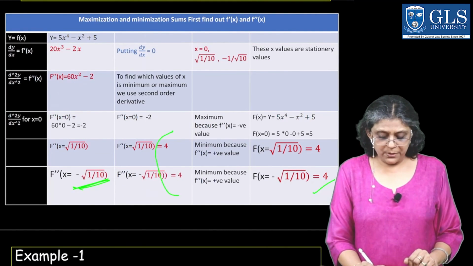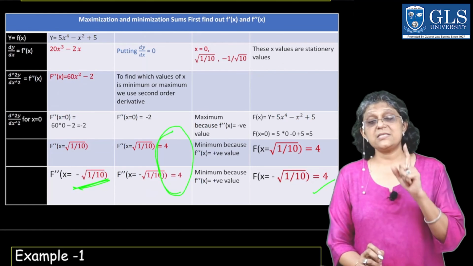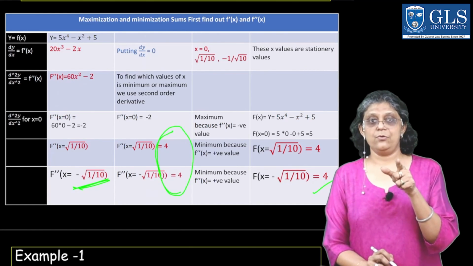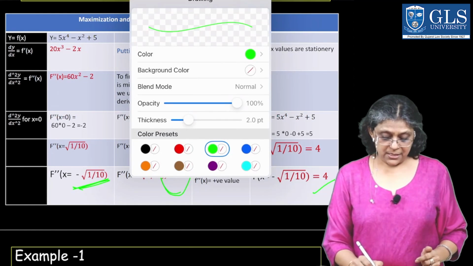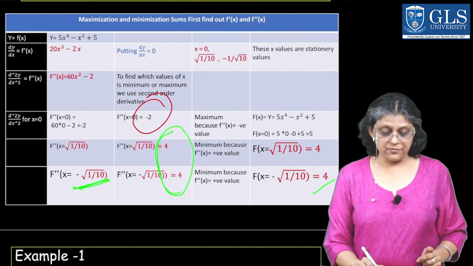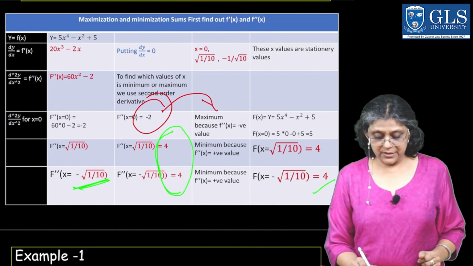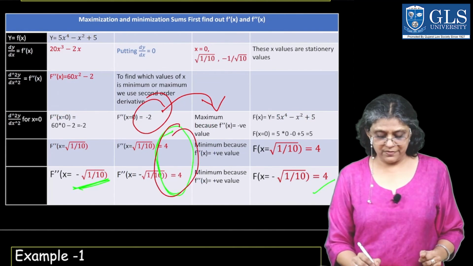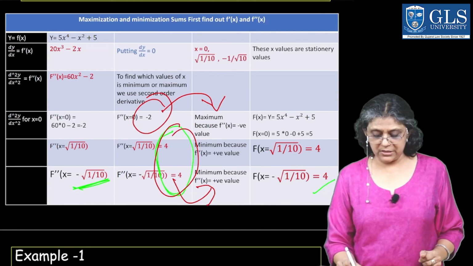But the point to be noted is that these are positive values, whereas this is a negative value. A negative value will give the maximum value, a positive value will give the minimum value for a given function.